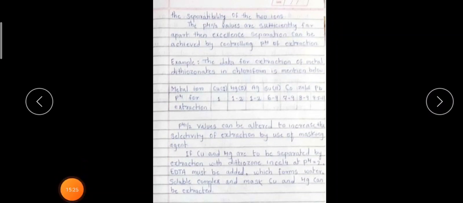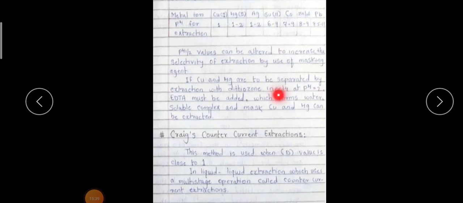You can see here the different examples are given. By knowing these values, you can alter the pH half values, and we can selectively extract the particular metal by using the masking agent. Okay, please go through this part well.